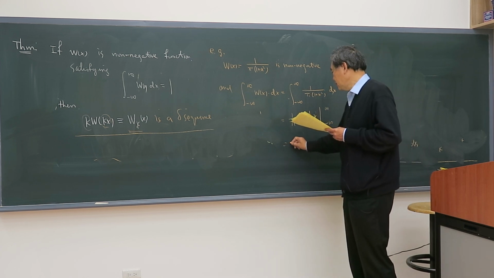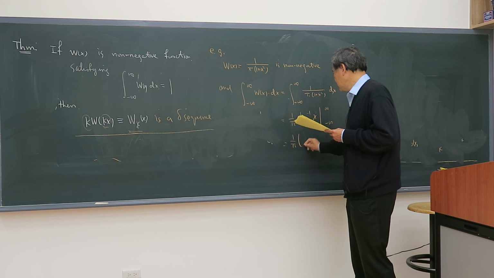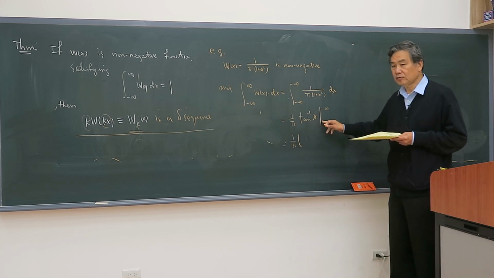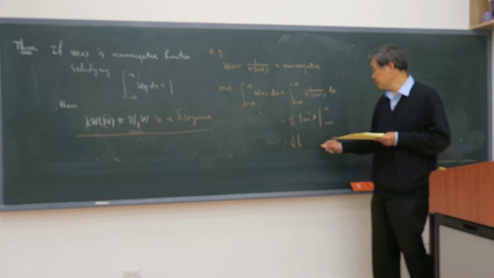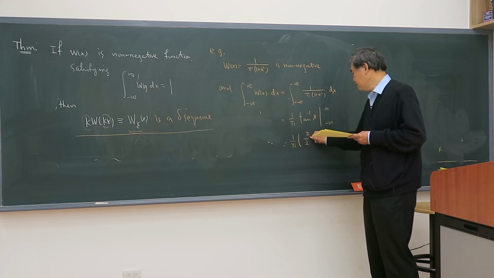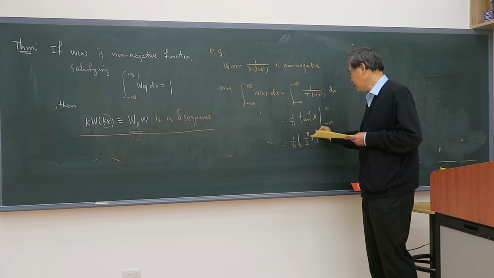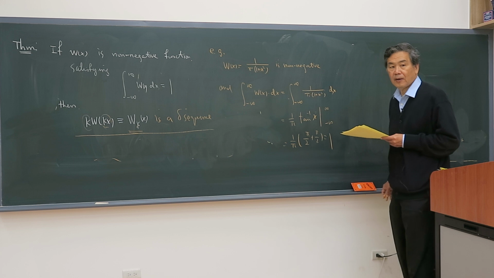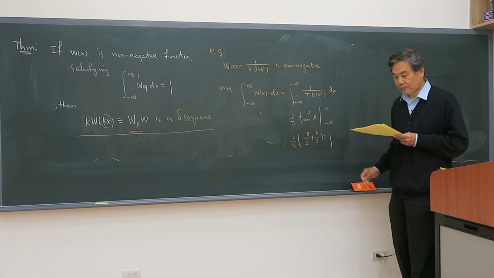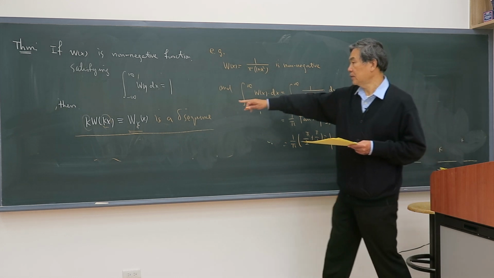Arctangent is equal to half pi at infinity, so half pi minus negative half pi, it's plus half pi. So this is equal to 1. So the theory is satisfied.